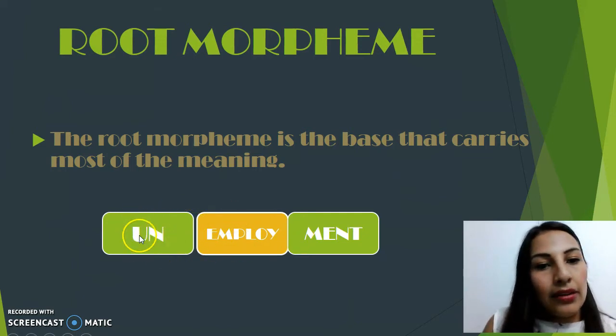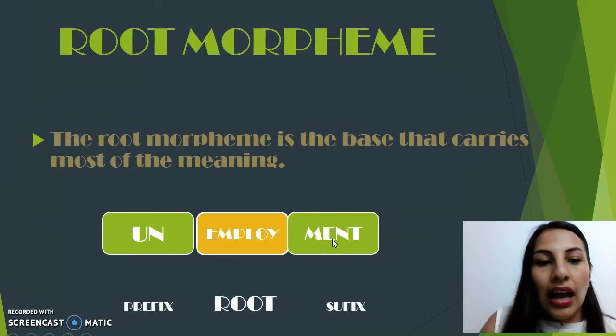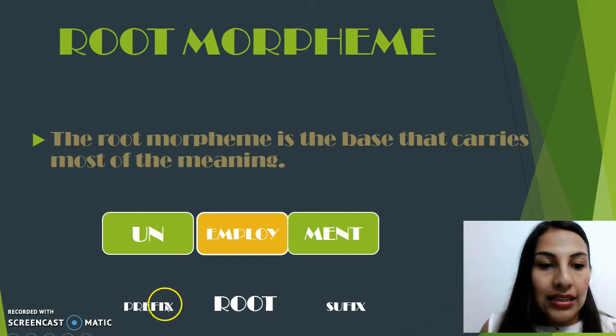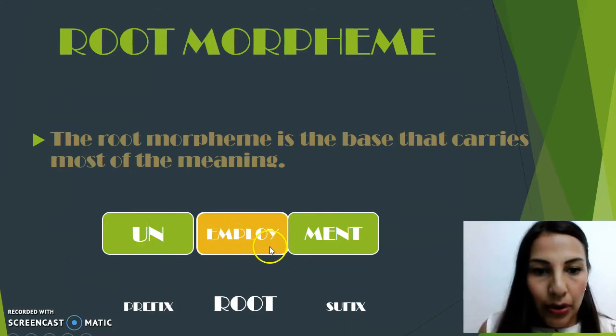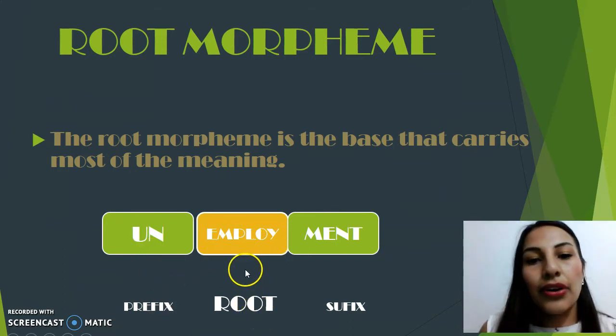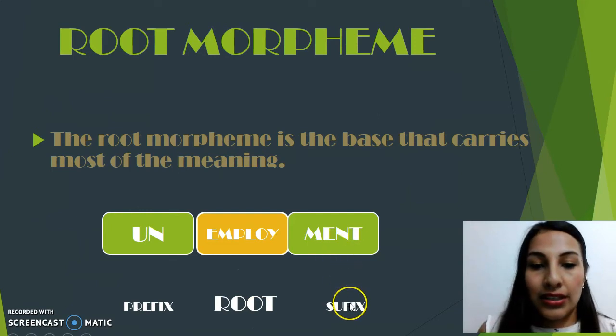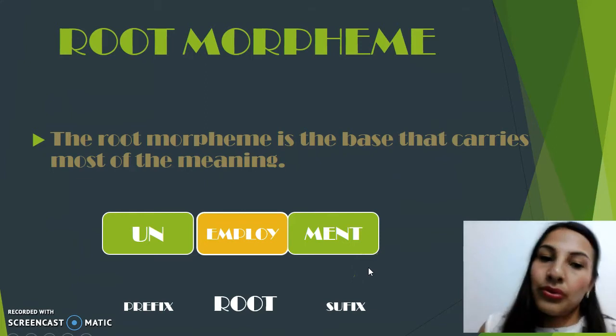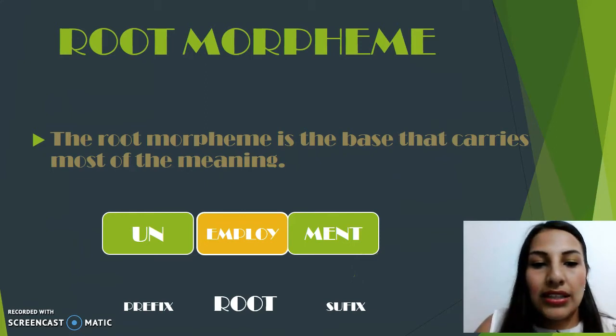The other parts, for instance un and ment, have other meanings. Un is a prefix. Employ is the root, as I said before, and ment is the suffix. Later we are going to study what a prefix and suffix are.